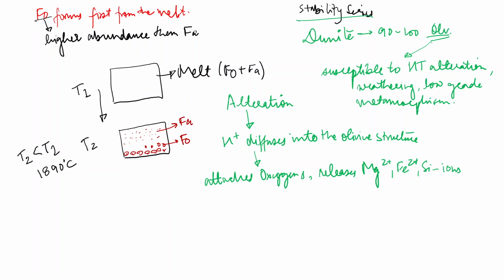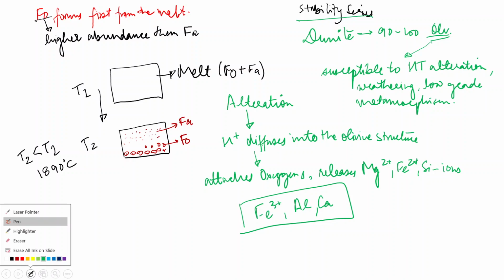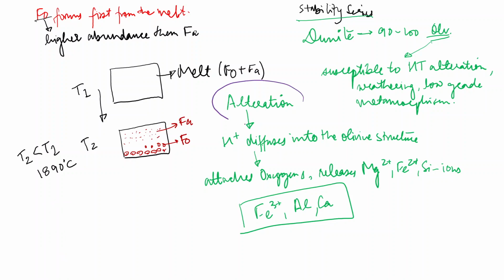So now the same olivine gets replaced by Fe3+, aluminum, and calcium. This is how the olivine structure gets altered. The most common form of alteration of olivine is called serpentinization.